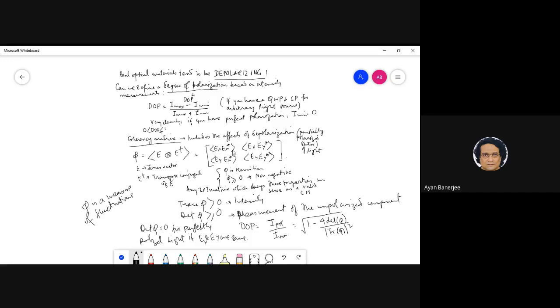Then this will become just 1 0 0 0 something like that, and the determinant will not vanish. The determinant will vanish only if these are the same. What I'm trying to say is that a necessary condition is that it has to be perfectly polarized, but it is not sufficient. If it is fluctuating, then this will never be zero.